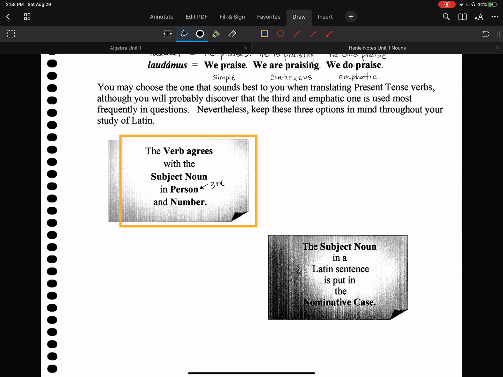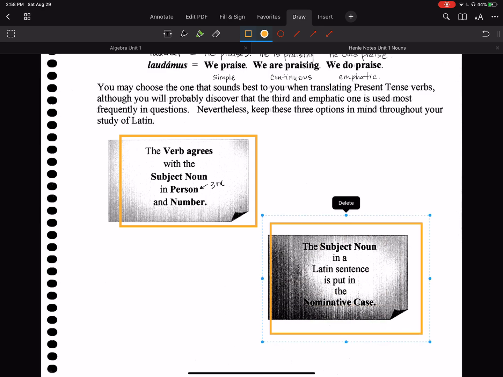The second important takeaway from this lesson is that the subject noun in a Latin sentence is put in the nominative case. And just like in English, the order is going to be subject, or nominative case, and then verb.